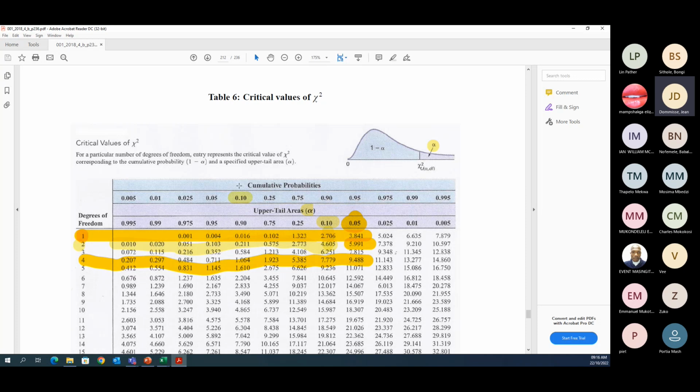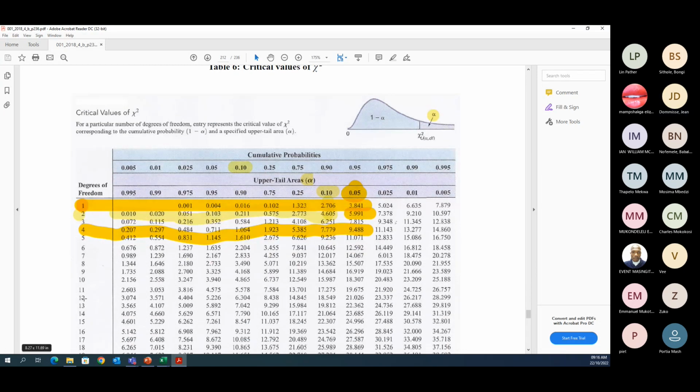You can see we've done a lot in prep here, but degrees of freedom was 12, and the alpha was 10. Just check again, please: at the top is cumulative probabilities, and these ones are for alpha. That's why I highlighted the 10 there and the 10 there, because you will get two different answers.